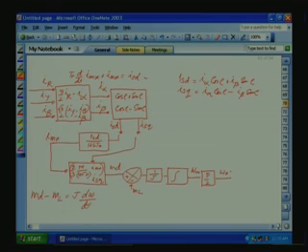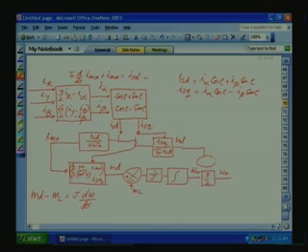Now, from ISQ and ISD, if the field orientation is correct, the slip is equal to ISQ by tau R ISD. So ISQ is available here, so omega slip is available.